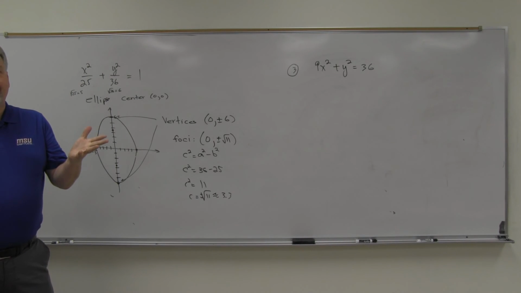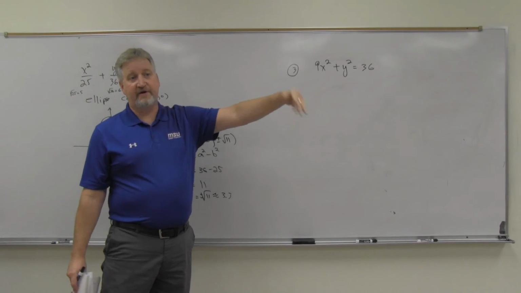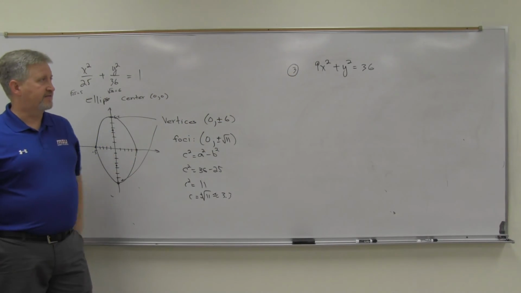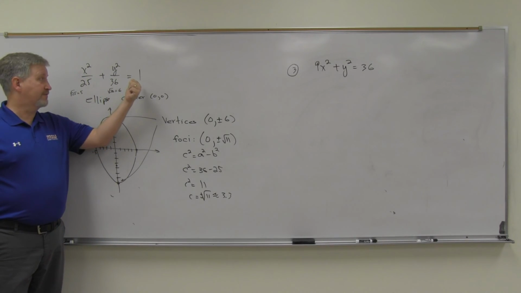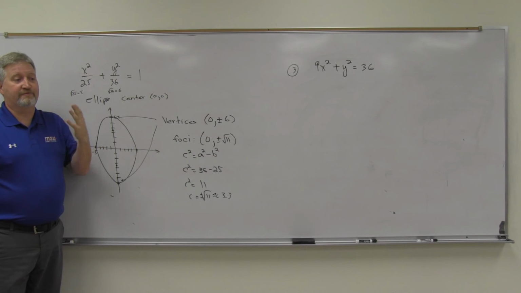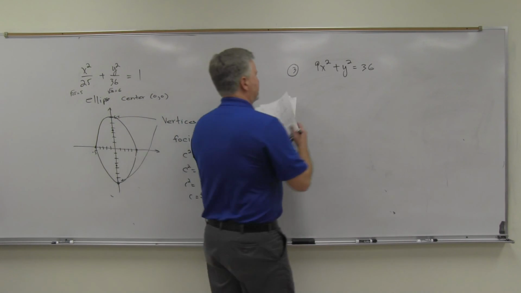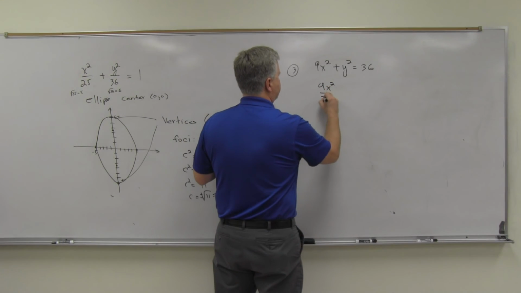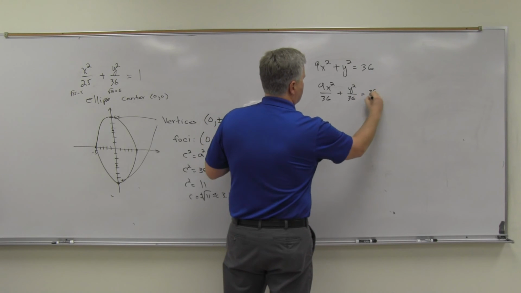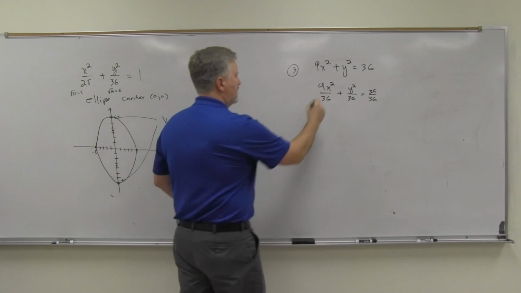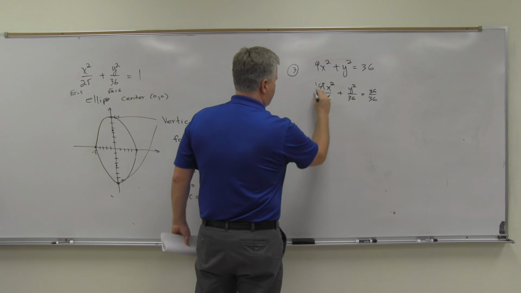So what is it? Well, it's x squared plus y squared, so that's the ellipse. If it's x squared minus y squared, it's a hyperbola, right? We talked about that. But it's not in the right form, is it? What's the proper form for an ellipse to graph it? You need to have a 1 here. So divide through by 36. Divide everything by 36. And so that cancels. That'll be 4 on top, 1 on top, 4 on the bottom.